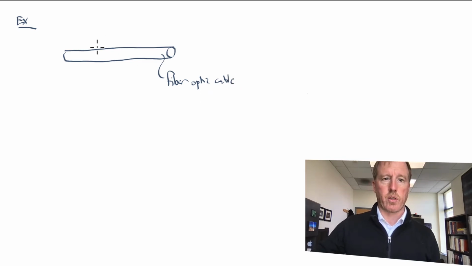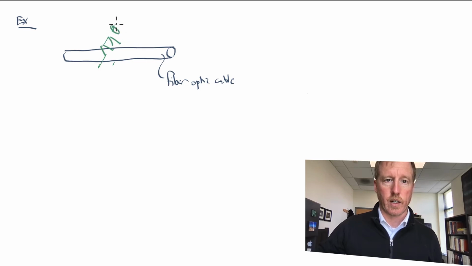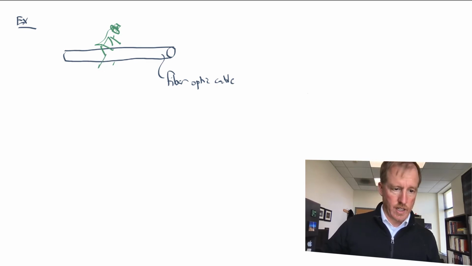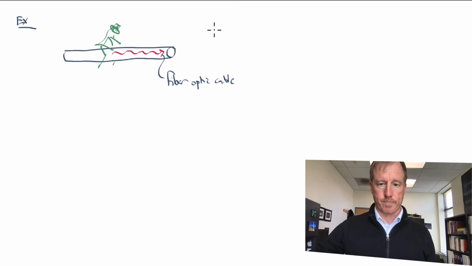Let's suppose there is someone who is at rest with respect to this fiber optic cable. I'm just going to draw someone sitting on the fiber optic cable. He has some kind of light emitting diode or other source of light that sends light down this cable. So here is a light beam traveling down the cable.